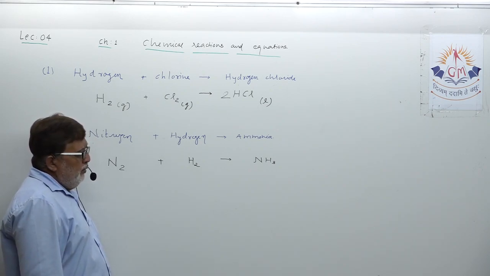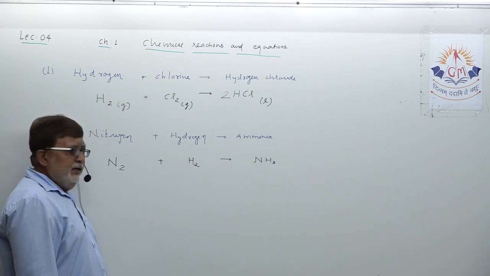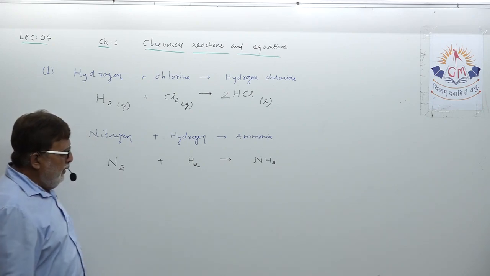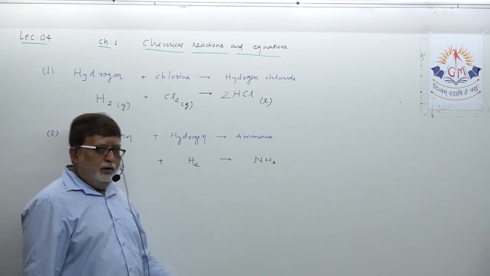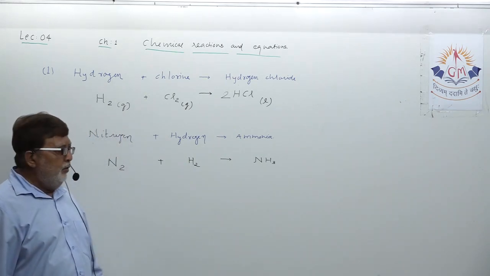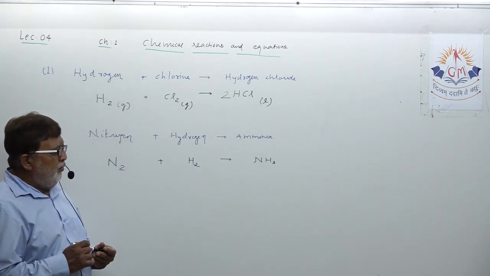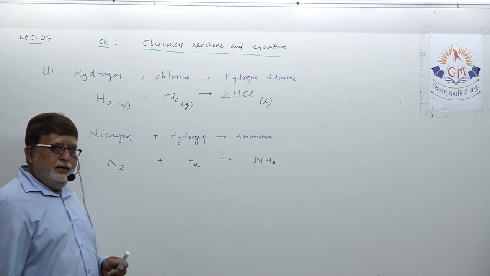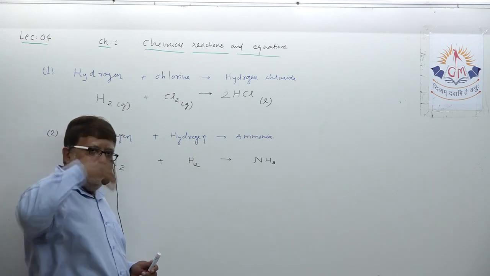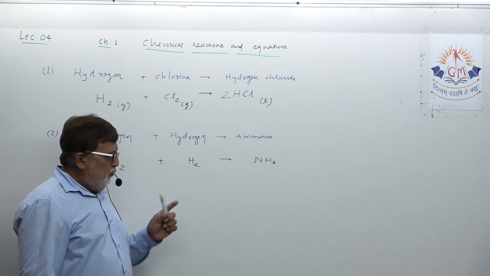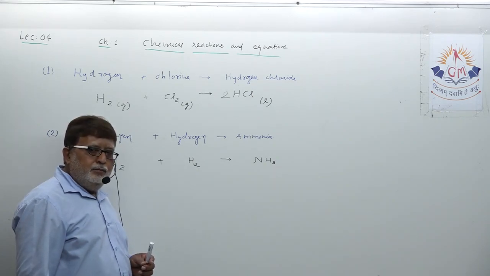the compound having the highest number of atoms. Nitrogen has 2 atoms, hydrogen 2 atoms, ammonia 4 atoms. Ammonia consists of 1 atom of nitrogen and 3 atoms of hydrogen, so ammonia has 4 atoms.